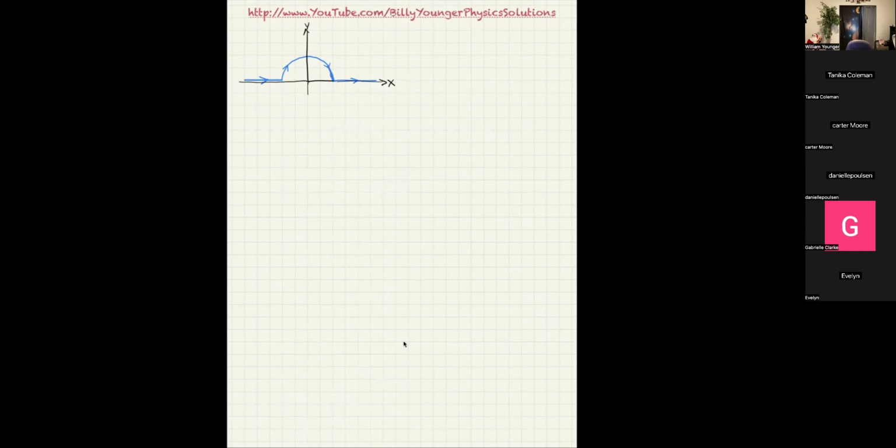So what we want to know here is what is the magnetic field at the origin if I is equal to 20.0 amps and R is equal to, let's say, 0.100 meters, so 10 centimeters.